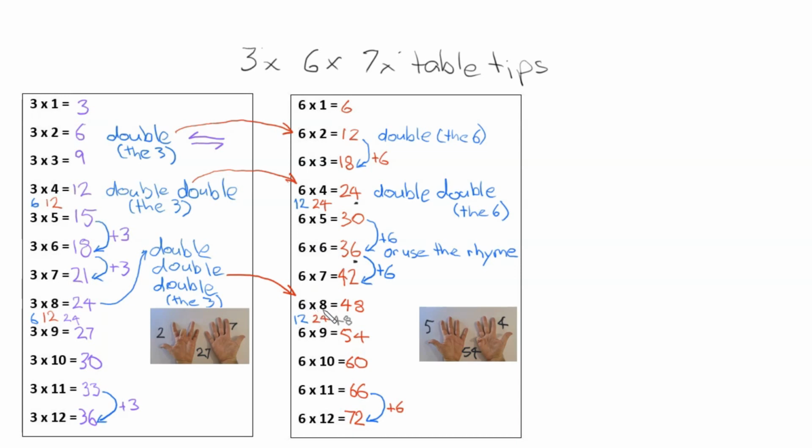And 6 8s are 48. So for me, that kind of rhyme helped me remember those answers. So just in case that's useful to you, I'll put an arrow here to say that's another technique for you to remember those answers. And rhymes are great.